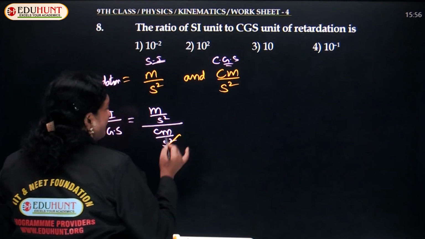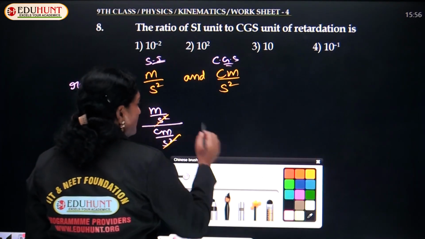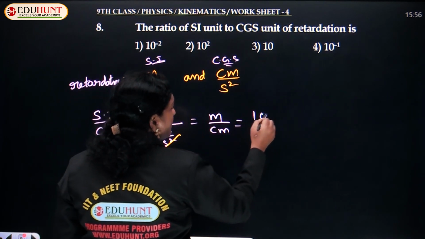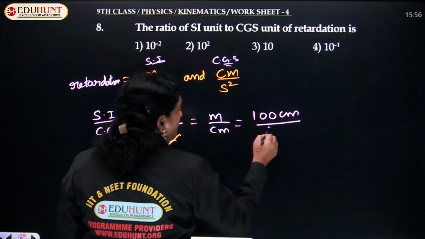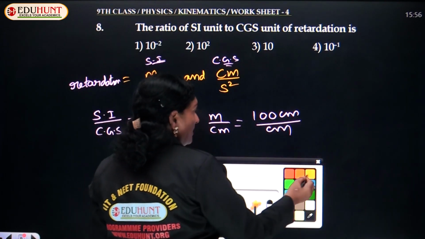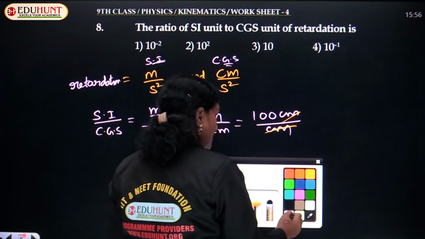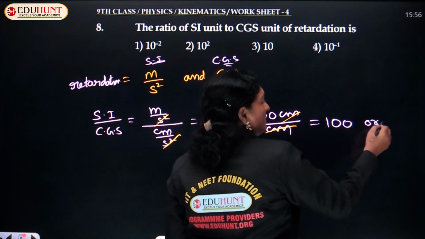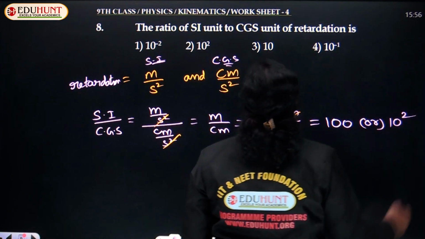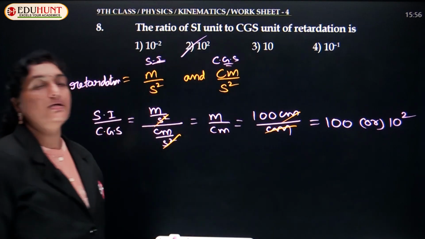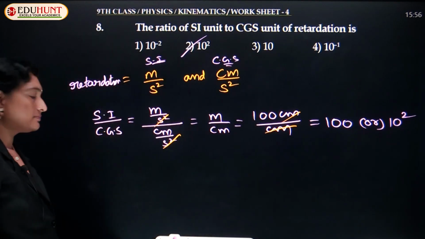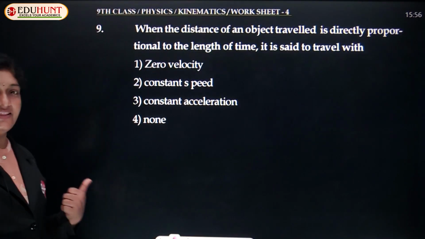So further simplification gives the result as meter by centimeter. 1 meter is 100 centimeter, whole upon centimeter, and this is 100. Or it can also be taken as 10 square. So the correct option is option 2, that is 10 square. Okay children? Okay. So now moving to the 9th question.